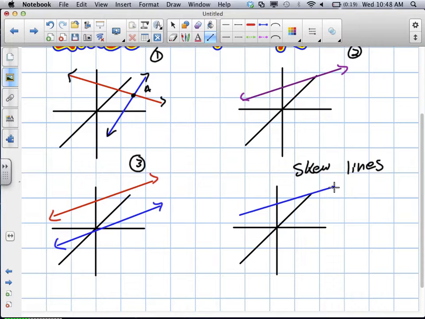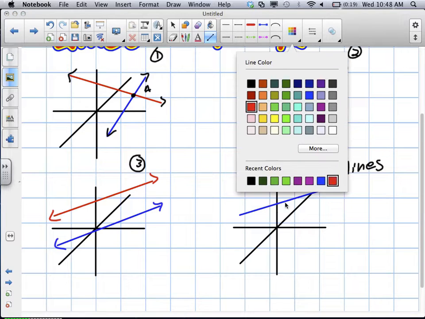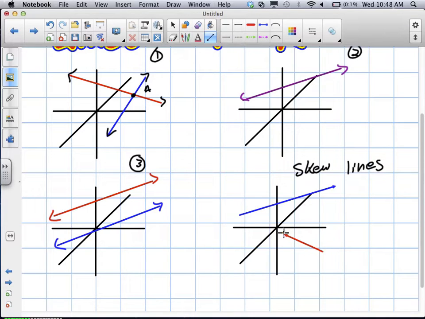I'm drawing on a 2-dimensional object here, but think of it like this. We have two lines not parallel to each other, but think of the red one being almost underneath the blue one there. So our blue line is above and never coming down, and our red line is maybe below the blue line. Not parallel to each other, but they don't touch each other either.